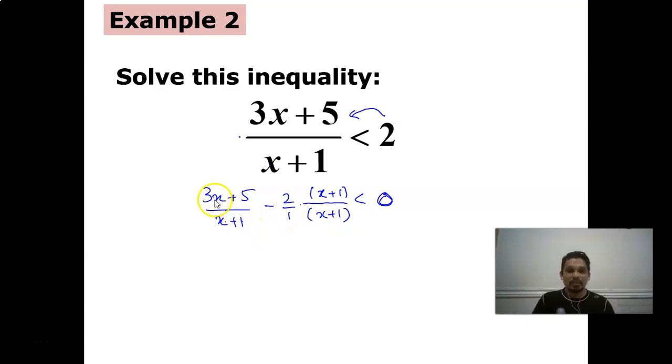Now 3x plus 5 negative 2 times x, minus 2x, negative 2 times 1, minus 2, divided by x plus 1, which is less than 0.